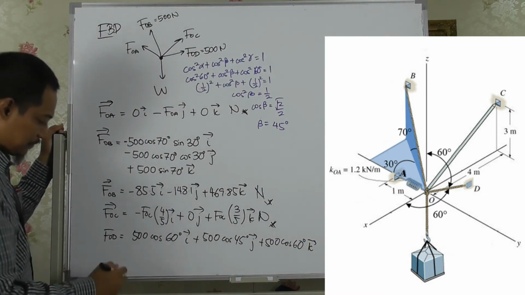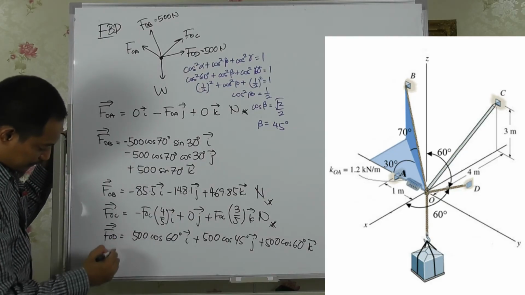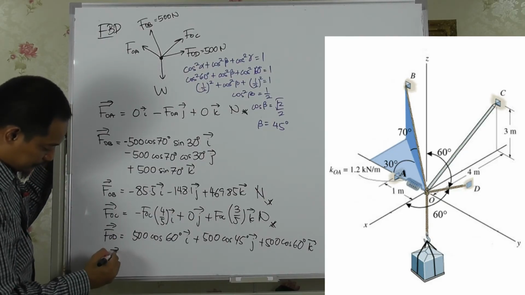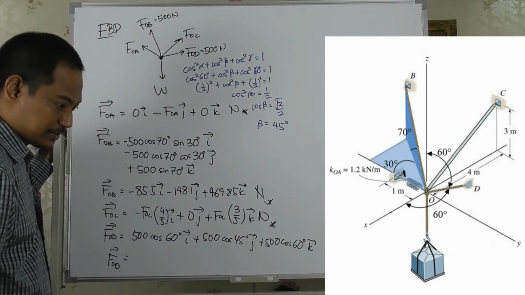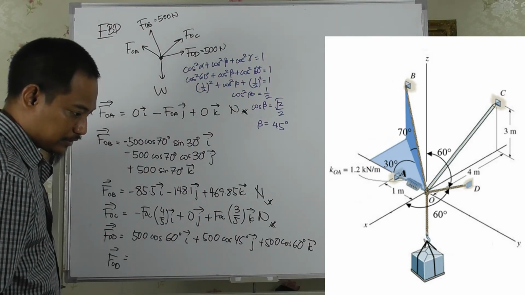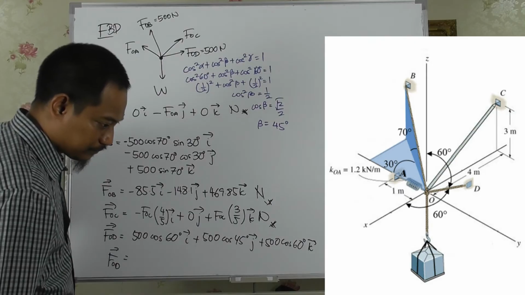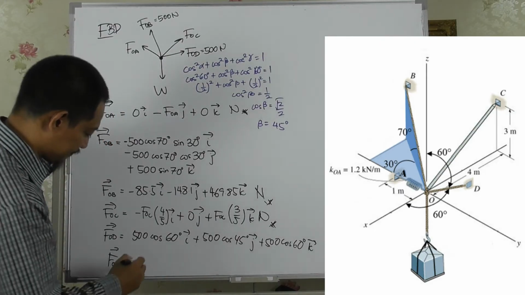Right, that's gamma. So okay, this is the vector. So FOD for 500 cos 60, you get 250i.